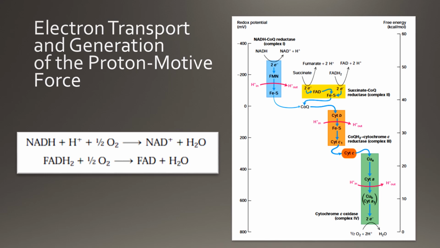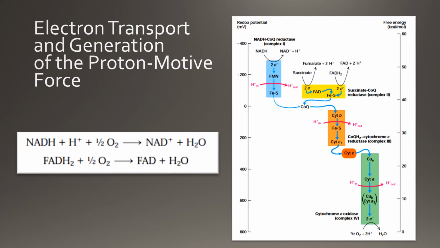Now, first we discuss the magnitude of the proton motive force, then the components of the respiratory chain and pumping of protons across the inner membrane. So now in the next section I discuss the structure of the ATP synthase and how it uses the proton motive force to synthesize ATP.